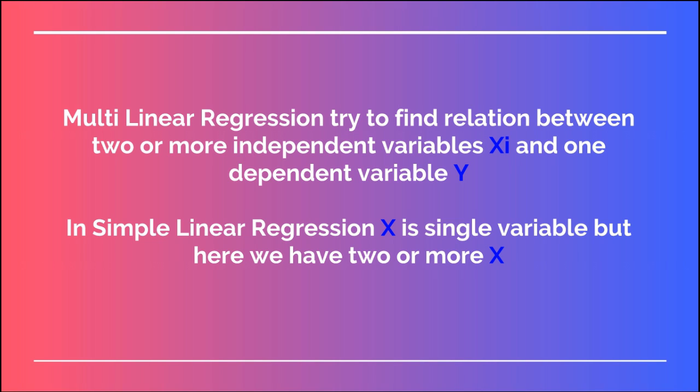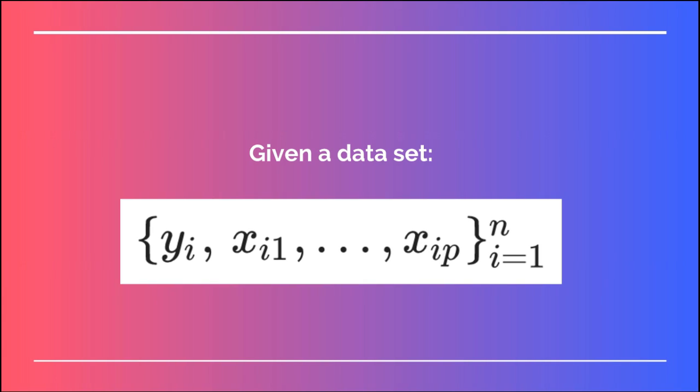In simple linear regression, x is a single variable, but here we have two or more x. In this type of regression, we have a data set as follows. We have only one response variable y and a p-vector based x, x_i1 to x_ip.